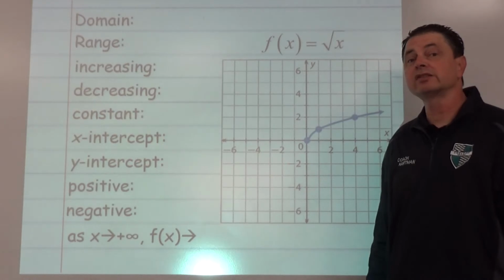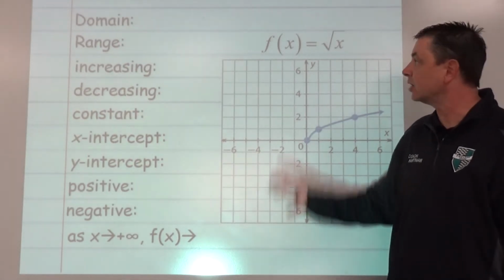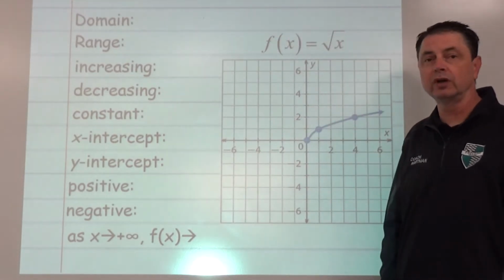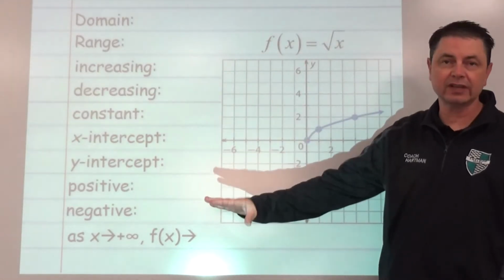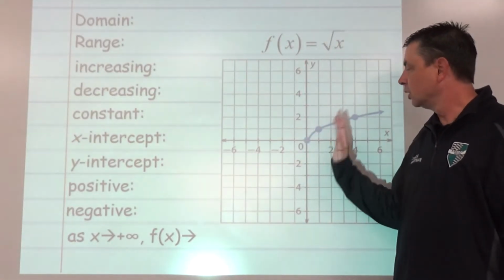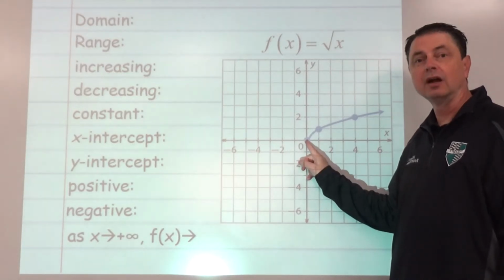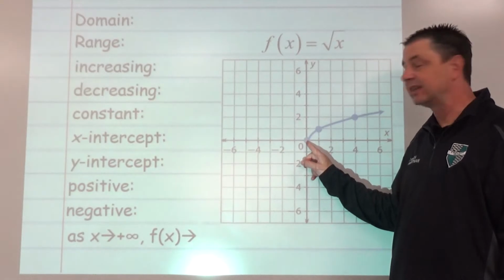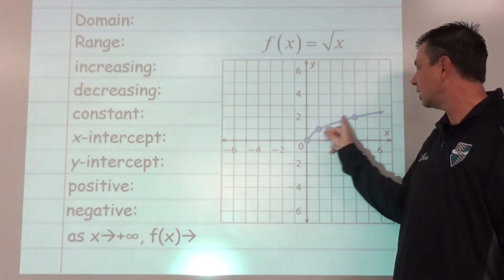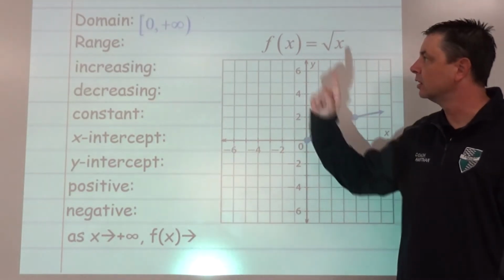So let's take a look at some of the key characteristics of our square root function, such as domain. How far left and right does it go? Well, left and right, it starts here at 0. At 0, there's a point there. So bracket 0, comma, goes right forever.